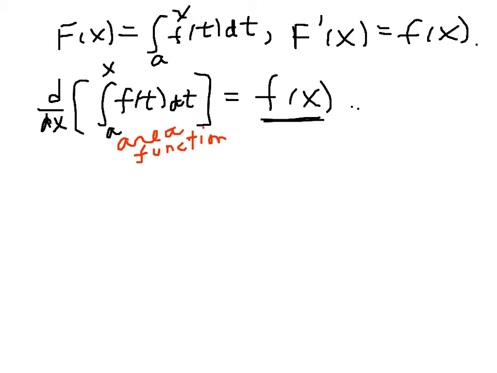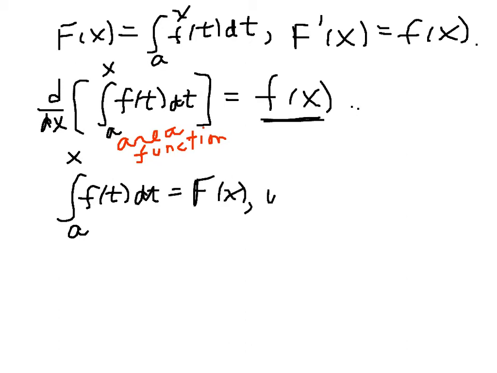So now we get into the idea of antiderivatives. If the derivative of this thing is f of x, then this thing that we're hopefully going to get very close to very soon will be written as big F of x, where big F is an antiderivative of little f.